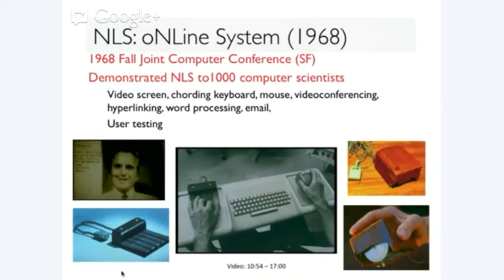It happened in San Francisco, and in this one demonstration, he introduced such a range of new techniques. He introduced word processing, email, functional hyperlinking, new input devices, and a whole range of other topics. So I'm just going to show you a short clip as well from this demo.